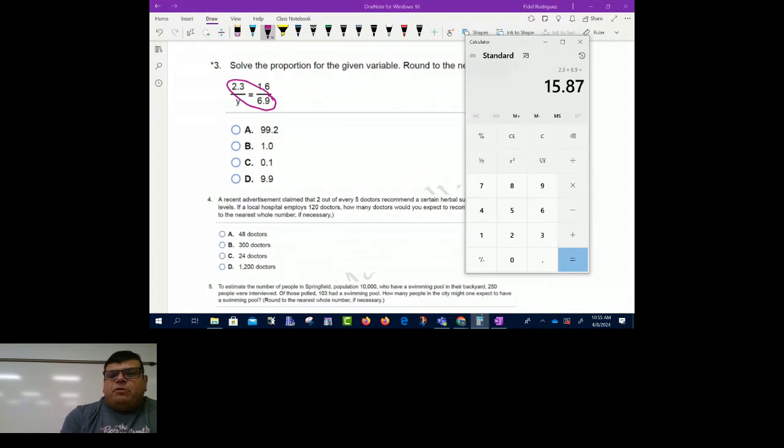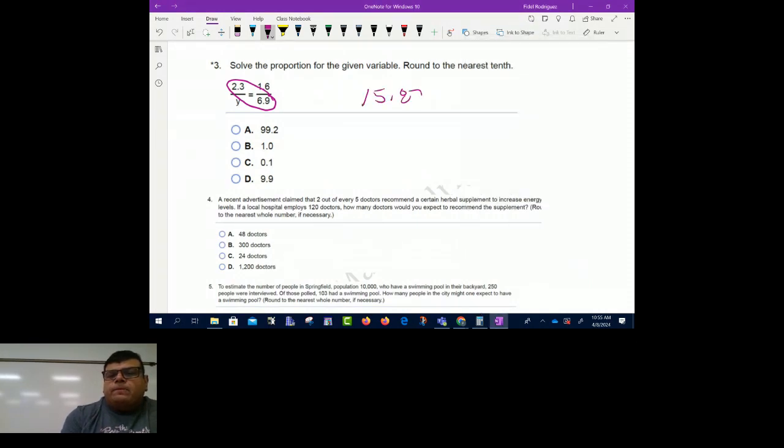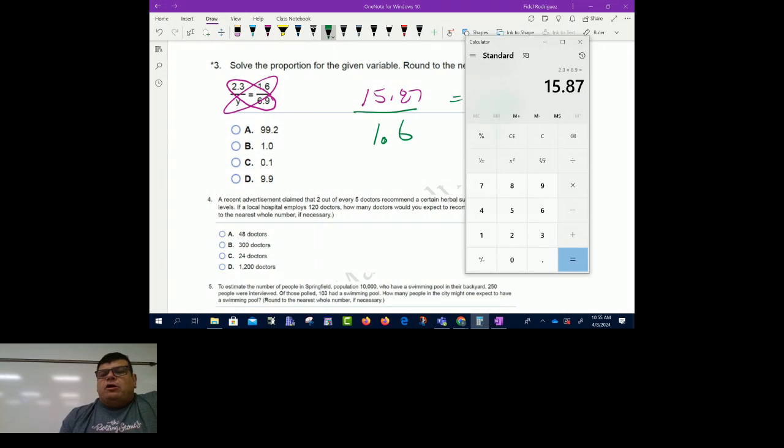So 15.87, 1.6 times y is just 1.6y. Remember, we always divide by the number in front of my x, or in this case, my y. So I'm going to take 15.87. I'm going to divide it by 1.6.